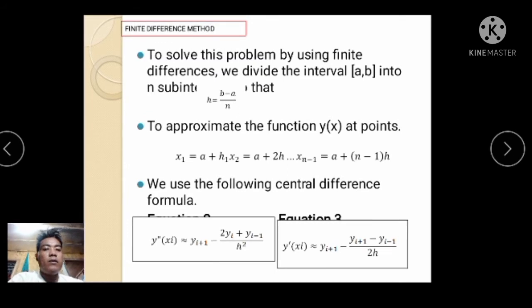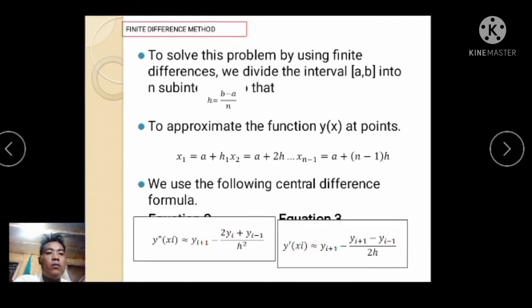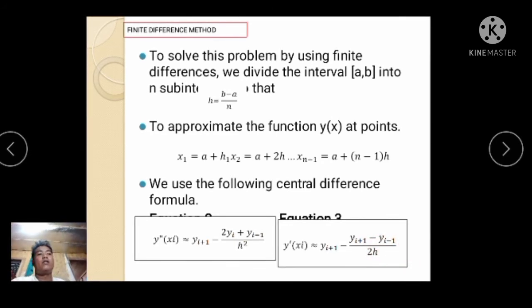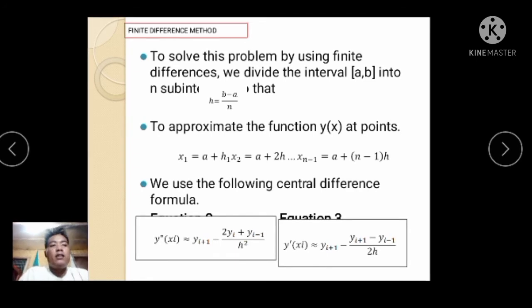For equation 3: y prime of x i is approximately y i plus 1 minus y i minus 1 over 2h. So this is for equation 2 and equation 3.